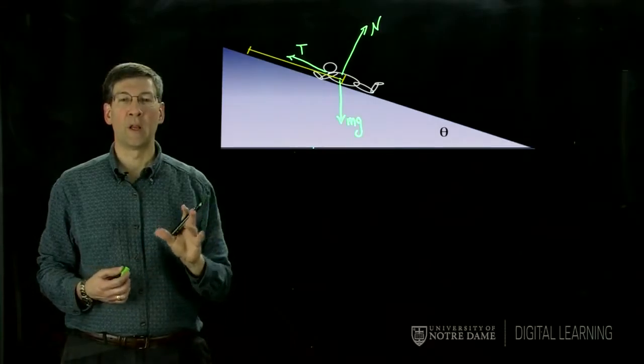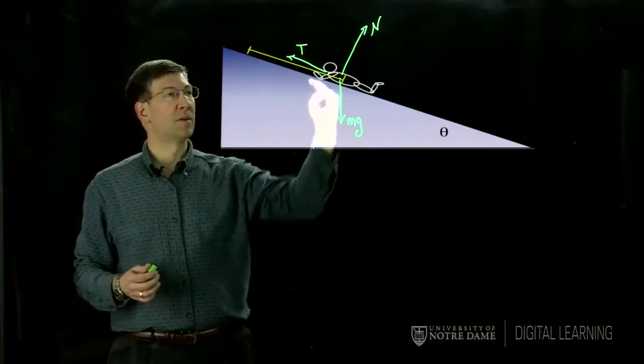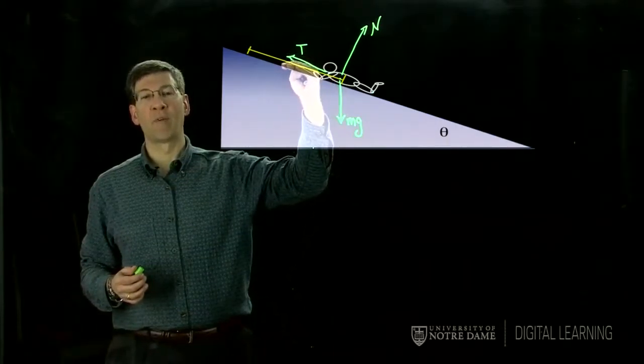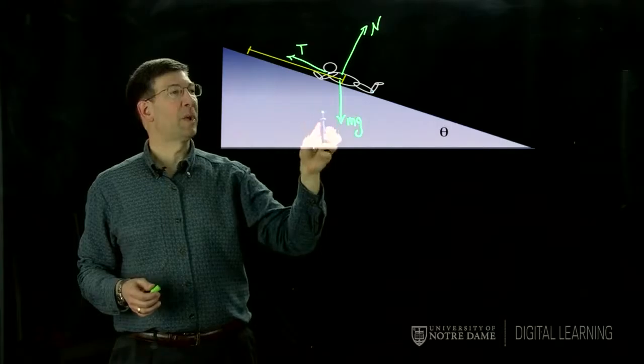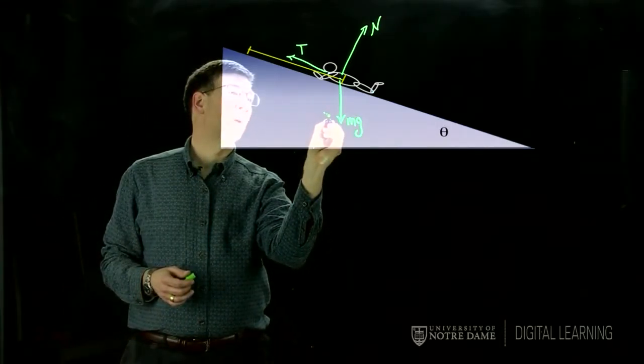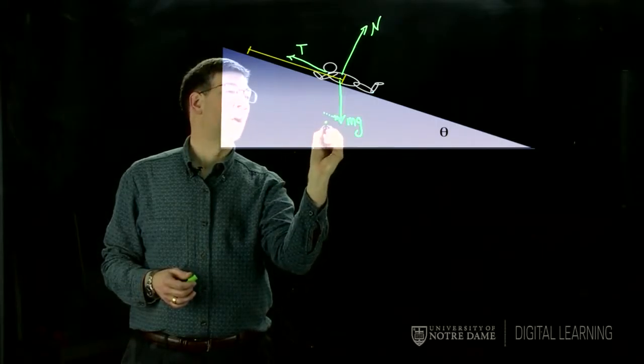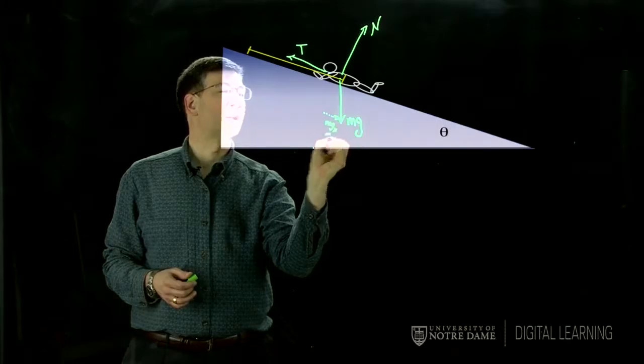So without writing any equations down, we can see that just by looking at the vectors, there's some tension force that's holding the climber from sliding down. The only component of force that's pointing down the slope is the component of weight that might point in this direction here. Let's call this mgx.